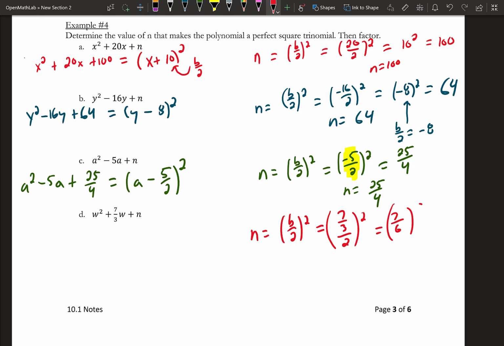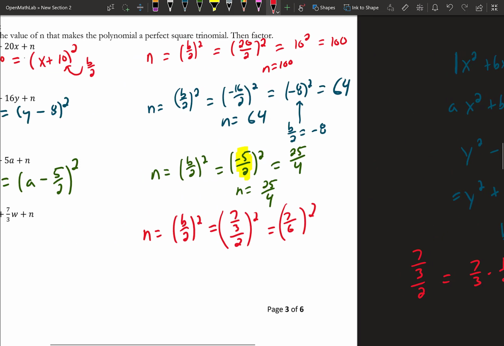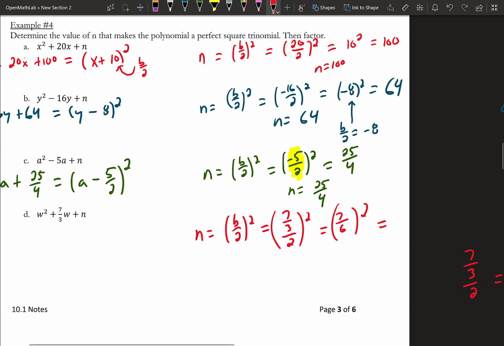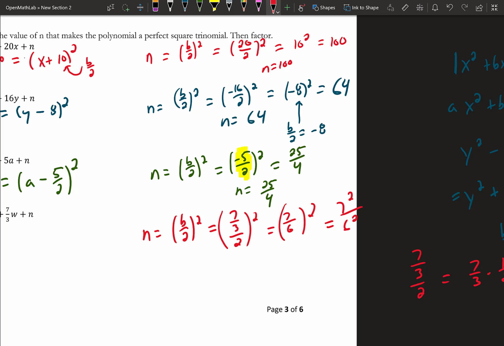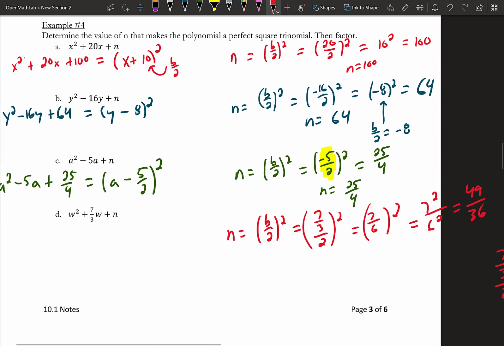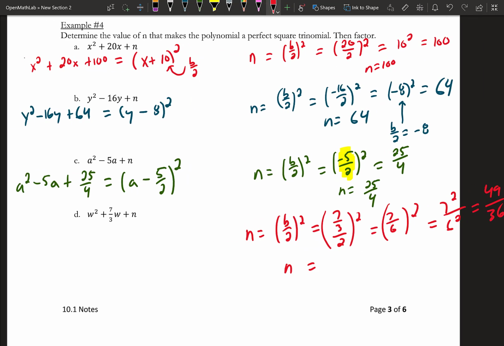If you forget how to divide fractions, 7/3 divided by 2 is the same thing as 7/3 times the reciprocal, times 1/2, which is 7/6. Then when I square this, I have to square the top and the bottom. So this would be 7 squared over 6 squared, which equals 49 over 36. So n equals 49 over 36.